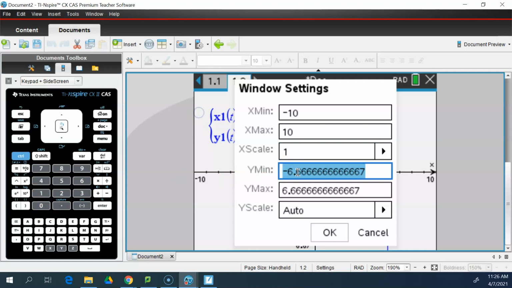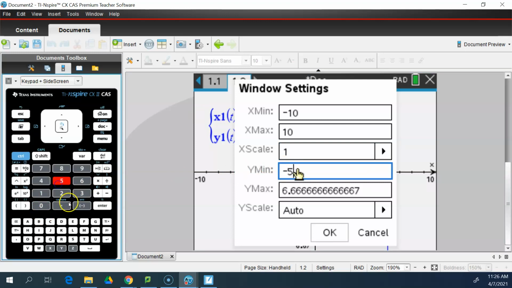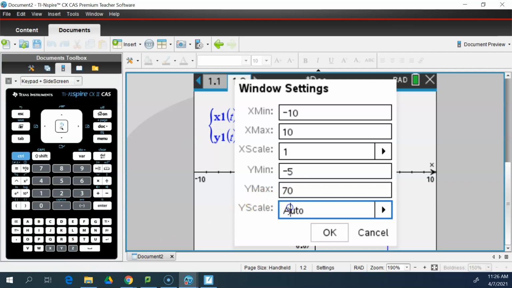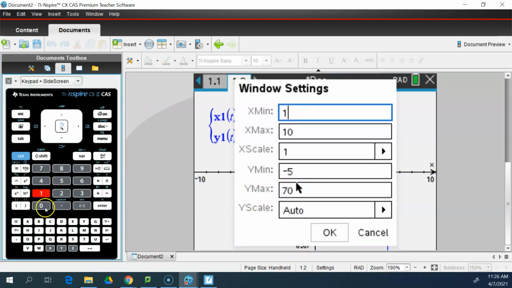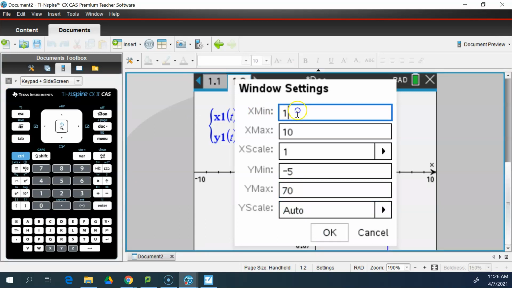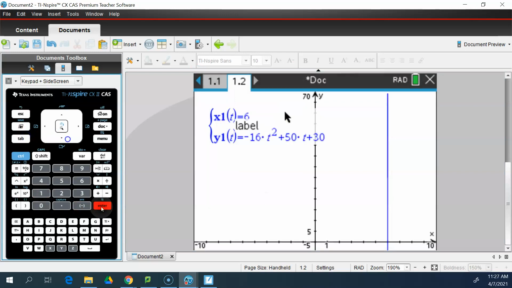Y's, -5, 70 we said. And there's the path of our ball.